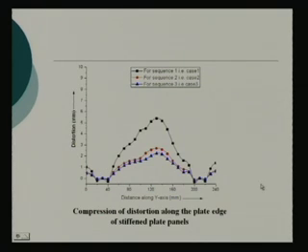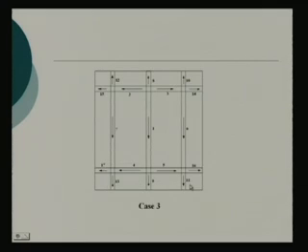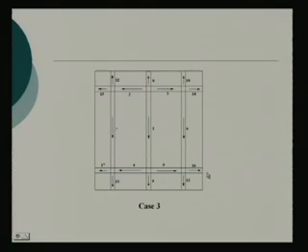You see the transverses are there at the 40th location and at the 200th location, these 2 transverses. So from here it is 40 and then here it is 200. So at these 2 locations of transverses, obviously the deformations are less. Here it is much more.